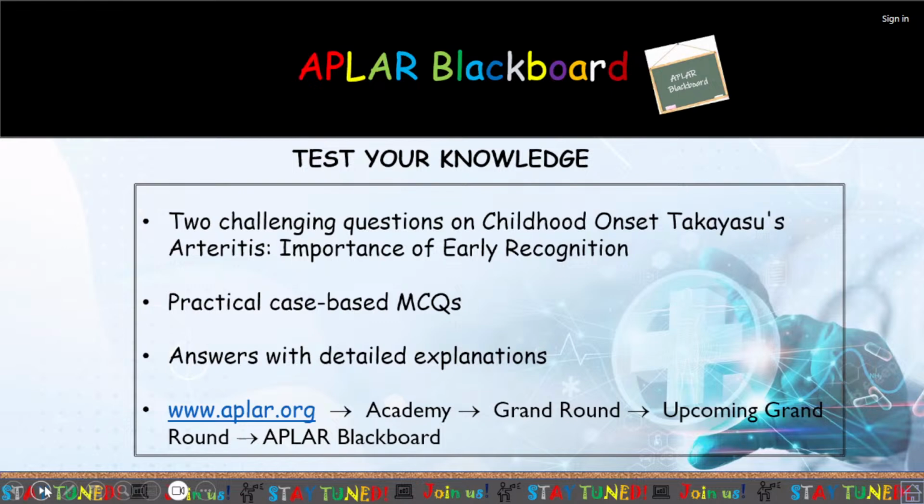You can log in and answer the questions with detailed explanations. Similarly, you can browse the APLAR website, look for Academy, then Grand Round, then upcoming Grand Round, and then APLAR Blackboard, and see what you can do.